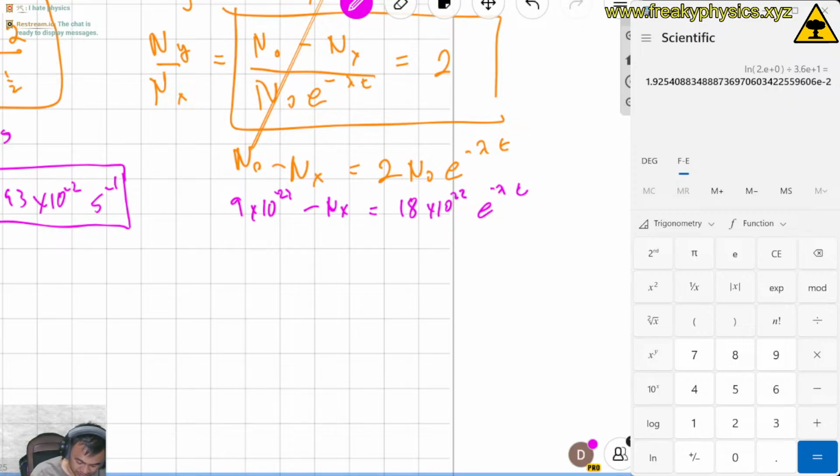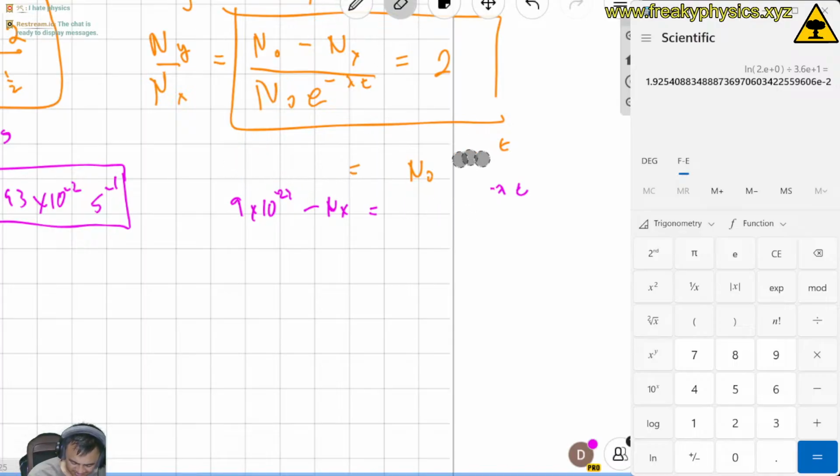Actually, yeah, we just... What else? Oh, right. The nx is still n0 e to the minus lambda t, right? I think we'll do this like so first.